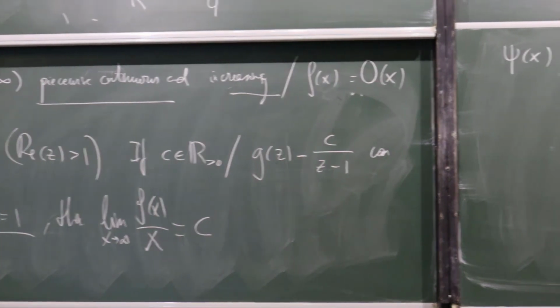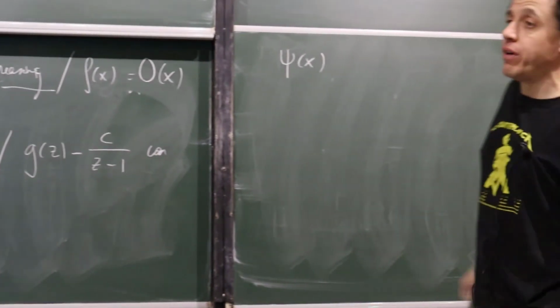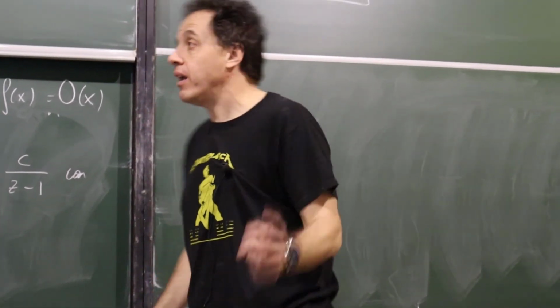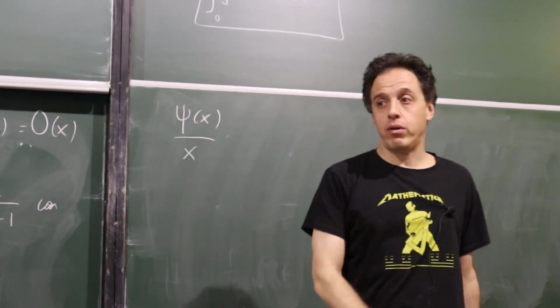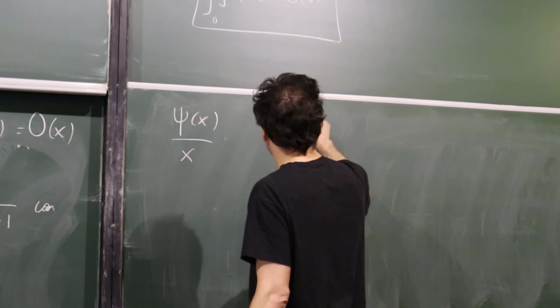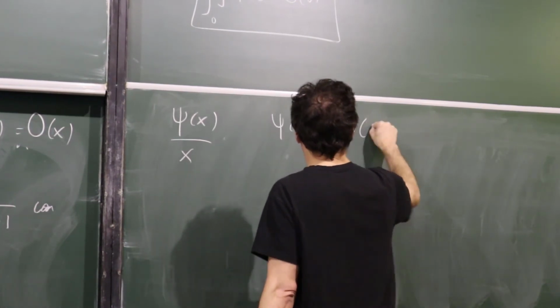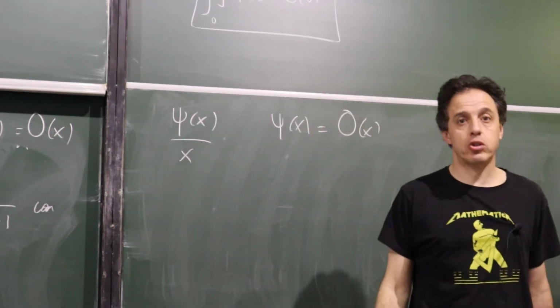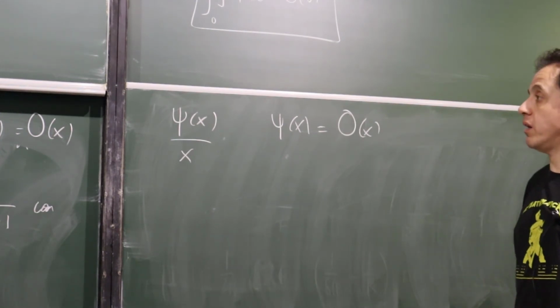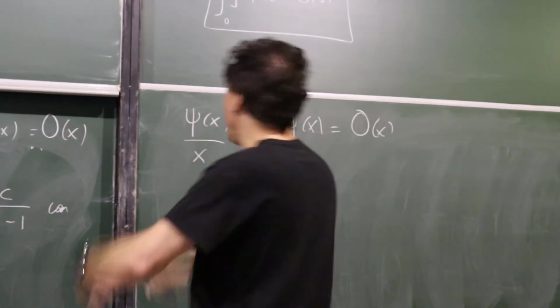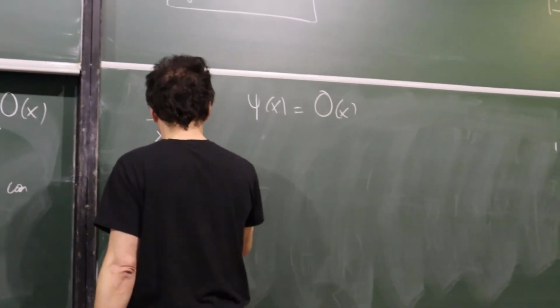And the last lemma we had proven said that psi of x over x was bounded above, so psi of x is a big O of x. So we are in the conditions of the statement here, and we consider this function.